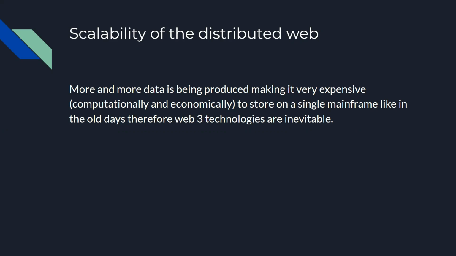We need a distributed network of compute and storage, so that we can do things like edge computing, and so that we can decrease latency for things like artificial intelligence. Because there's so much data being produced, over time it's going to be very expensive to host your own websites and web apps on one server somewhere. So that's why we need things like Web3 technologies and distributed systems.